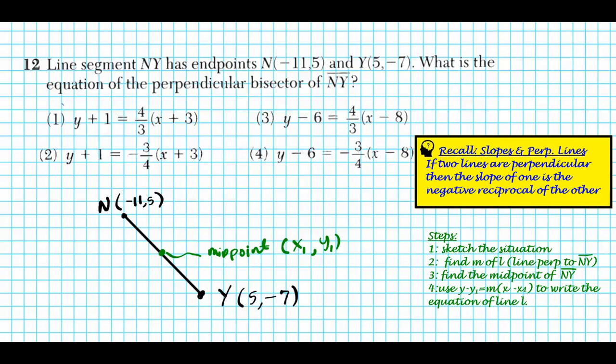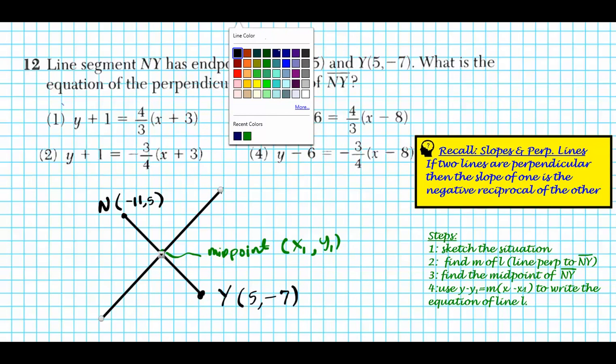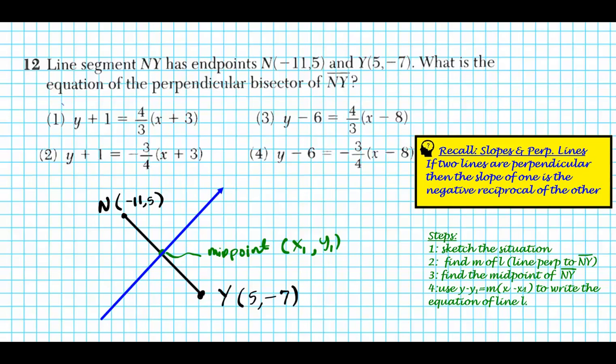We're looking for the equation of the line that is a bisector of this segment and is perpendicular to the segment also. So let's just sketch something like that, and let's color it blue. The problem is asking us to write down the equation of this line. We don't know what it is.